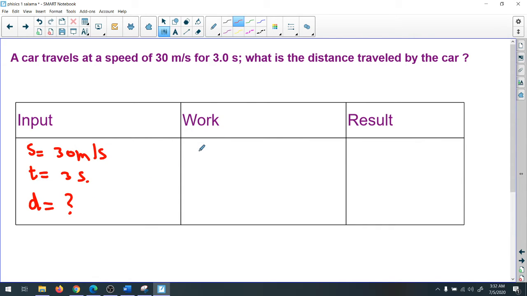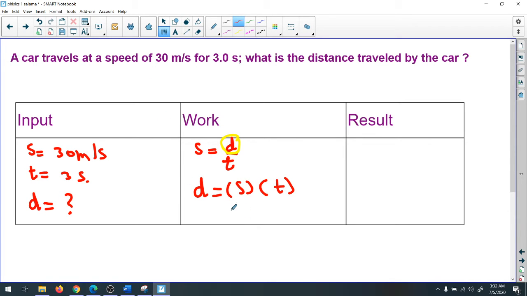So here you are going to write down the formula. We know that speed equals distance over time, but we're looking for the distance. So you're going to cross multiply.